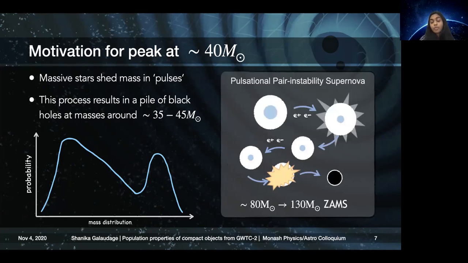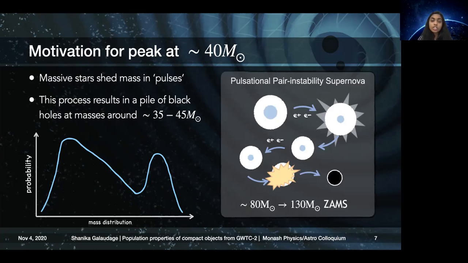Another thing that we look for in our analyses of these black holes is this peak at around 40 solar masses. So this is motivated by pulsational pair instability supernova. To describe this in a short amount of time, essentially you have these stars ranging from really massive stars ranging from 80 to 130 solar masses at zero age main sequence, ZAMS.